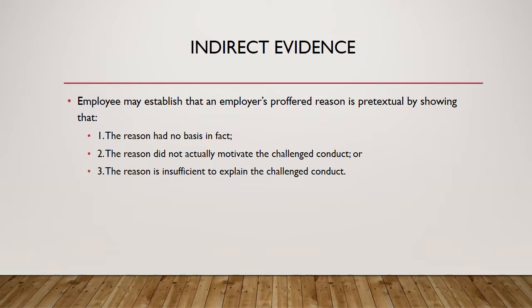And if that wasn't enough to motivate it, then it had to be some other reason that motivated it. Lastly, they can show that the reason is insufficient. Again, going back to the example, it may be an insufficient reason for termination because they didn't terminate other people who had the same safety violations.